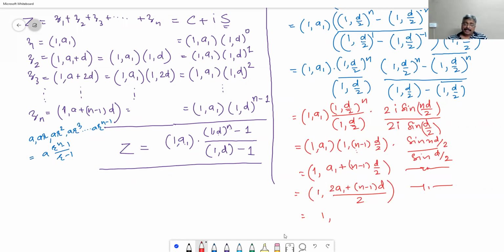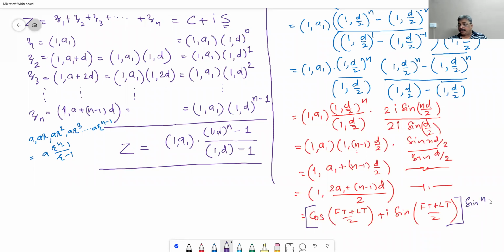So now if we write it in terms of cos theta plus I sin theta, then what we will get is, let us write it in that form, cos of first term plus last term by 2 plus I times sin of first term plus last term by 2, whole bracket outside, sin nd by 2 upon sin d by 2.